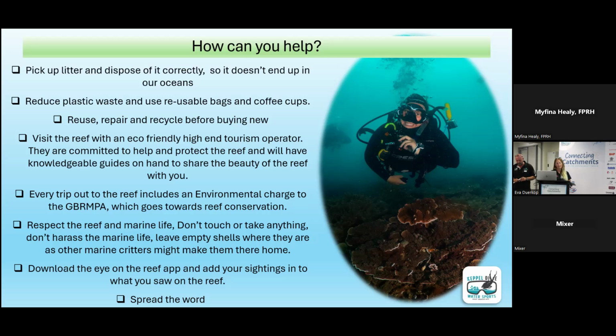Every trip out to the reef includes an environmental charge to the Great Barrier Reef Marine Park Authority, which goes towards reef conservation. Respect the reef and marine life, don't touch or take anything, don't harass the marine life. Leave empty shells where they are, as many other marine critters might make them their home. You can download the Eye on the Reef app and add your sightings of what you saw on the reef. That's a great thing you can do yourself, and also spread the word.